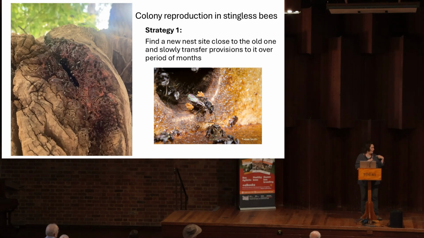Okay, so foragers flying back and forth between the parent nest and the new nest site, building it up, adding propolis, adding the food and so on until it's ready.